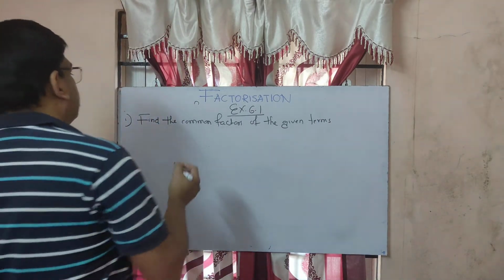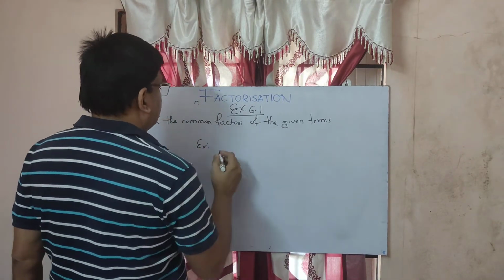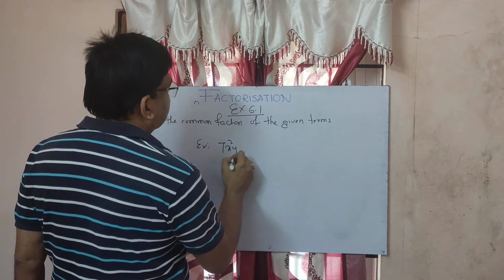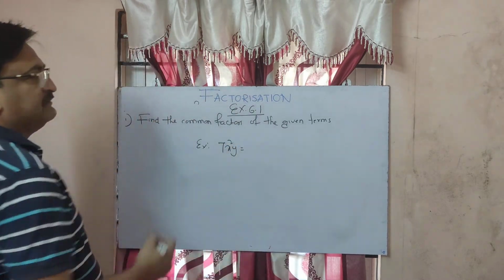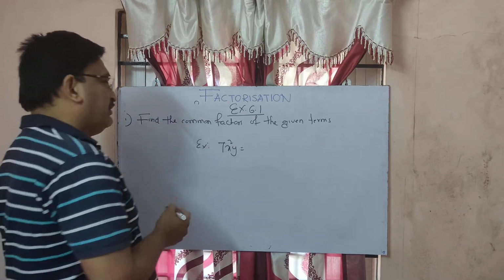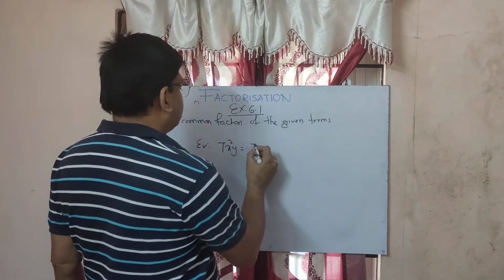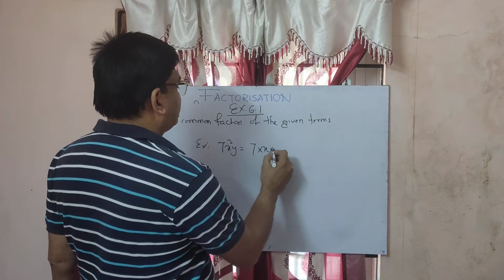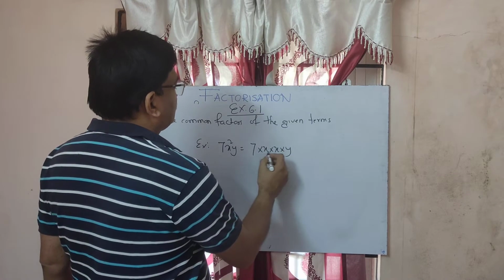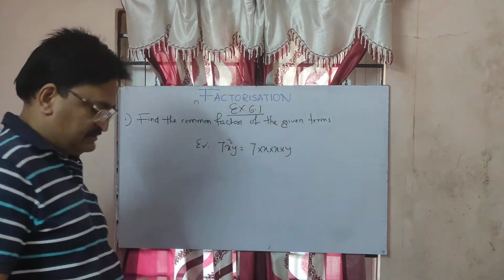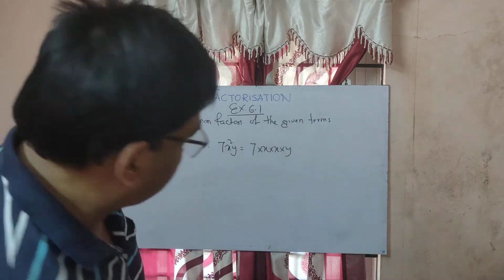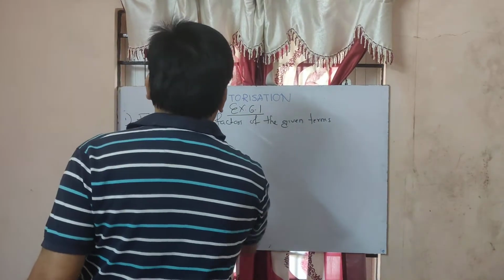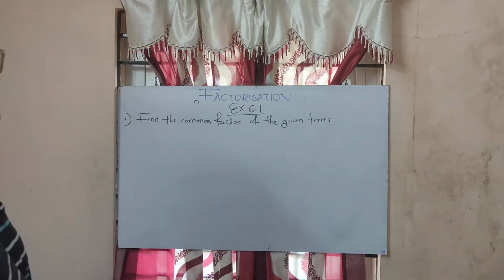For example, if 7x square y is there, this is a term. Now, if you want to find the factors of this, 7 is a factor, x is a factor, x is a factor, and y is a factor. So these are all the factors. So the question is now, find the common factors of the given terms.